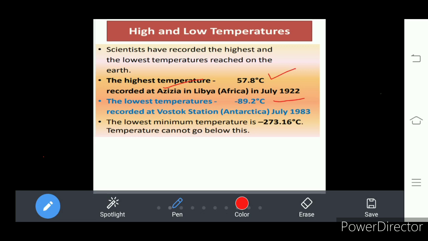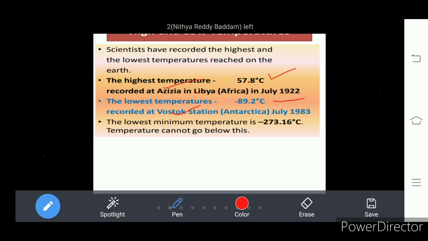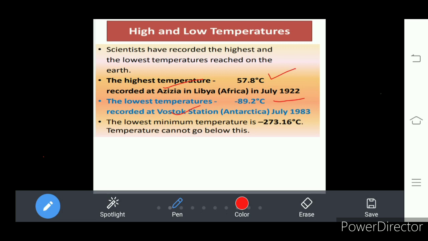So the lowest temperature was recorded at Vostok. Vostok is a Russian research station in the Antarctic continent. The Antarctic continent is situated near the South Pole, and there is no growth of trees. It is a barren land.